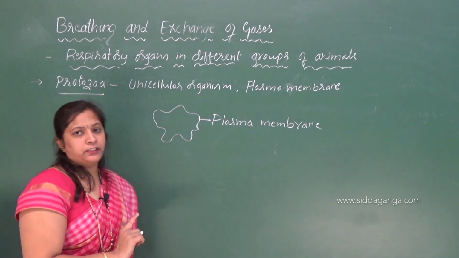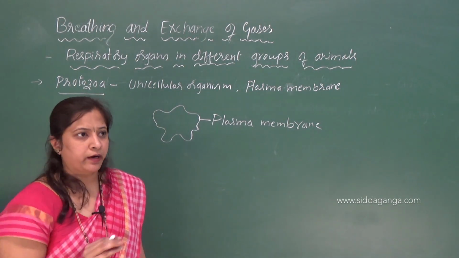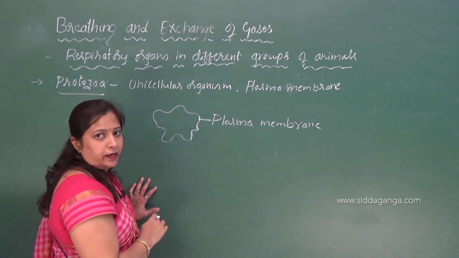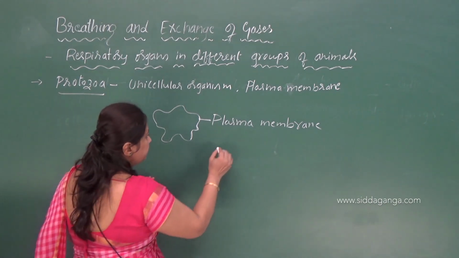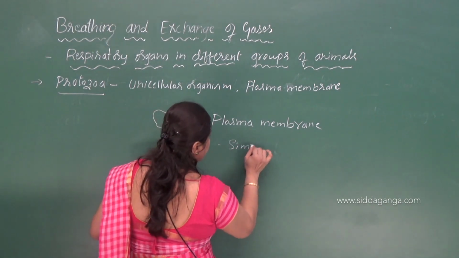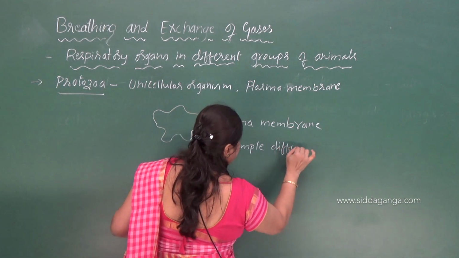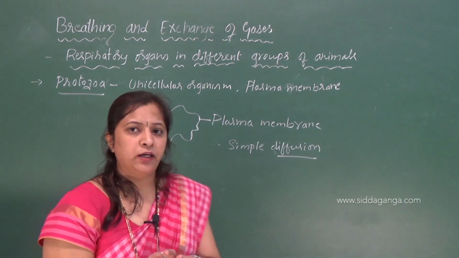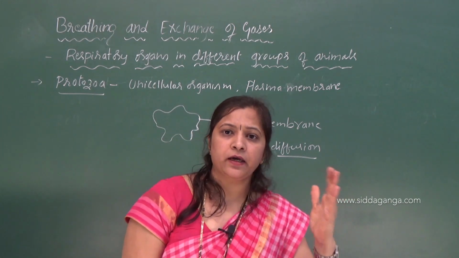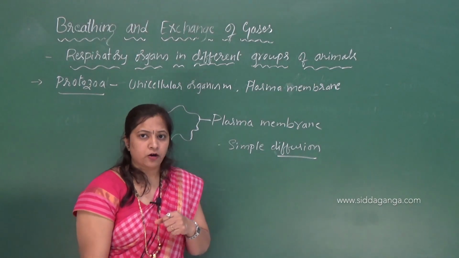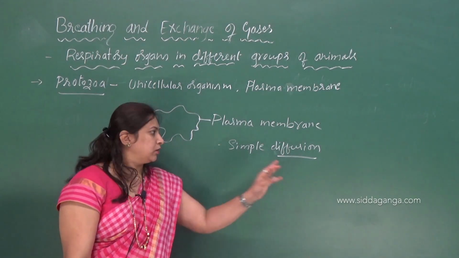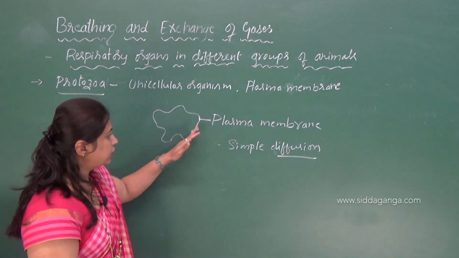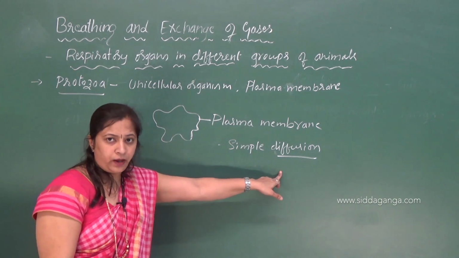See, the exchange of respiratory gases, that is oxygen and carbon dioxide, occurs through this plasma membrane by a process of simple diffusion. Diffusion means a movement of molecules from a region of higher concentration to a region of lower concentration. So that is called diffusion. Okay. So in protozoa, the exchange of gases occurs through the plasma membrane by a process called simple diffusion.